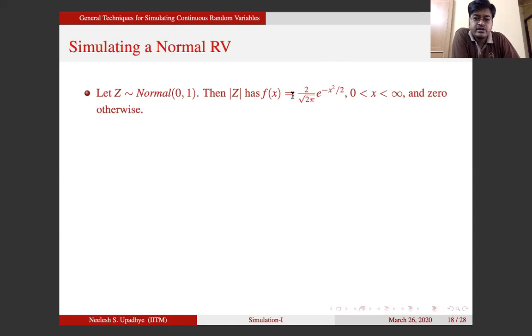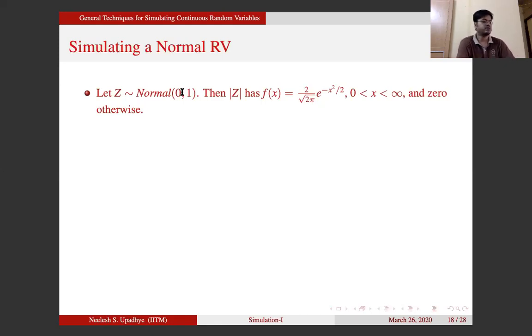Because Z follows normal (0,1), so Z is symmetric about 0, and therefore you fold the density around 0 and overlap it over the other side. That gives you 2/root(2 pi) e raised to minus x squared by 2. Once you have folded that density, you get this particular density.